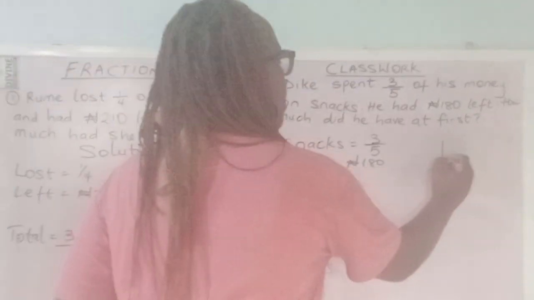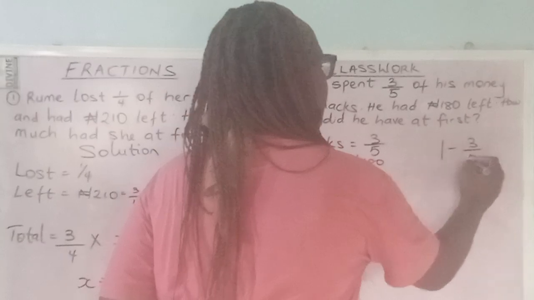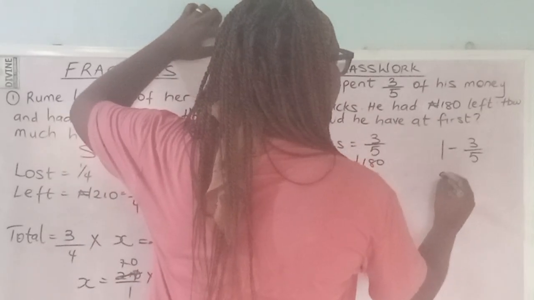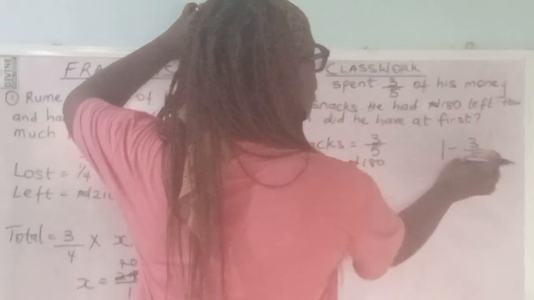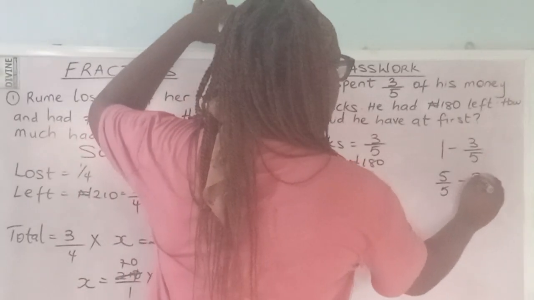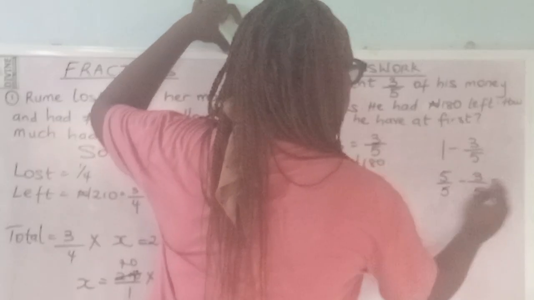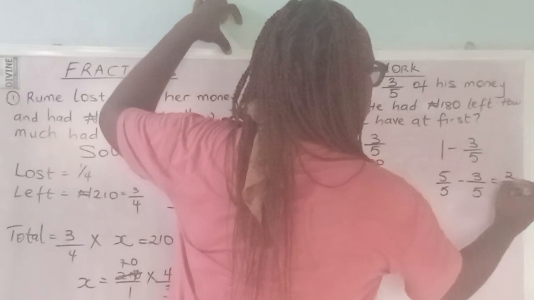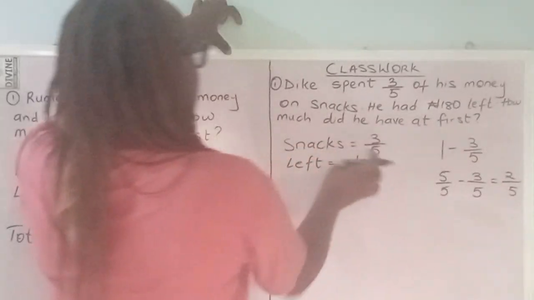So 1 minus 3 over 5 is the same thing as 5 over 5, because the denominator here is 5. We can change our 1 to 5 over 5, minus 3 over 5, which will give us 2 over 5. So this fraction now is 2 over 5 that is left.